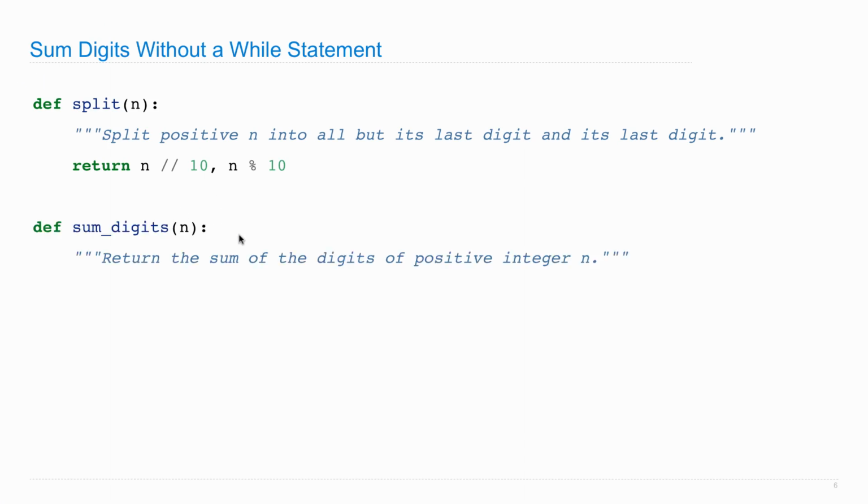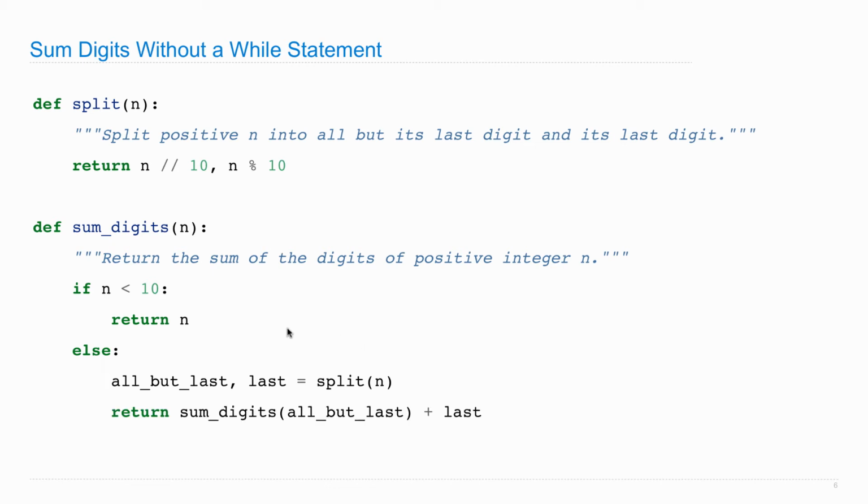In order to sum the digits of n, well, if n is less than 10, meaning it's a single digit, we'll just return n. The sum of the digits of 7 is just 7. Otherwise, we're going to split up n into all but its last digit and its last digit. And then we'll return the sum of digits computed from those 2 parts.